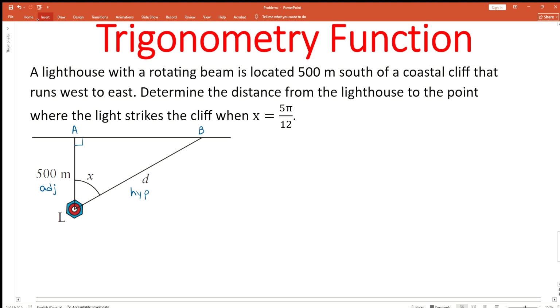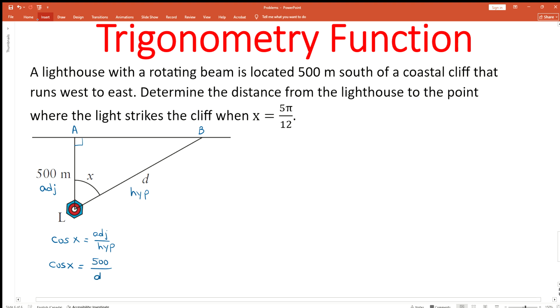As per SOHCAHTOA, we can use cos ratio to write an equation for D. The formula for cosine ratio is adjacent over hypotenuse. The length of the adjacent side is 500. The length of the hypotenuse is D.